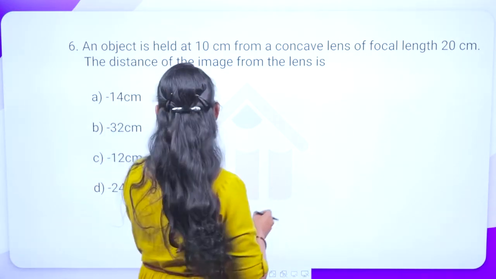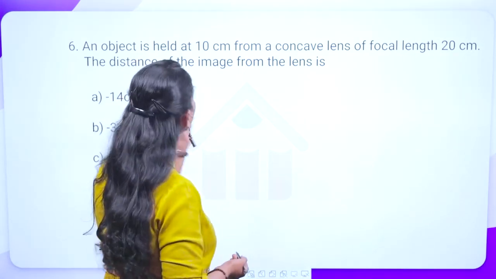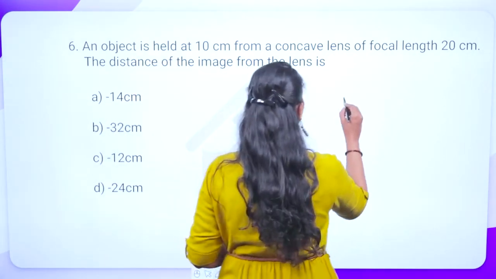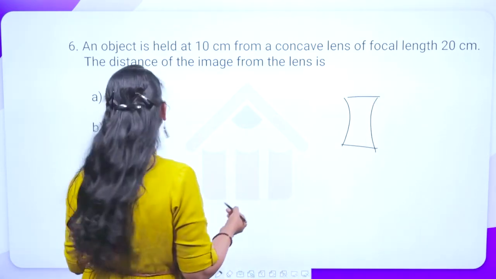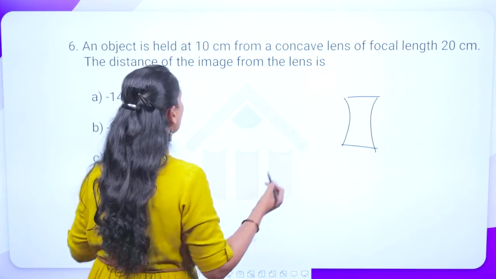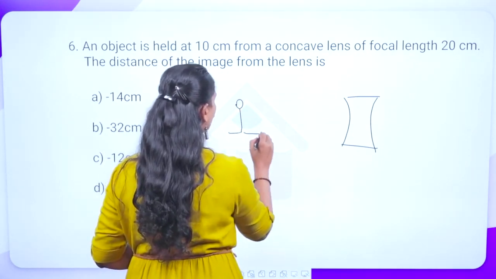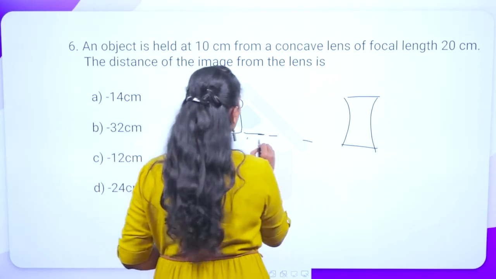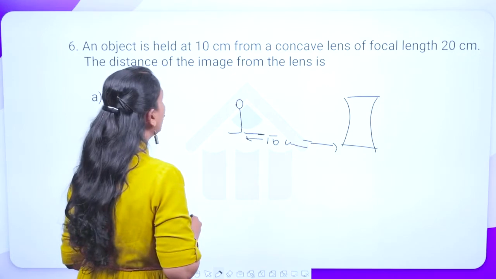If you are going for a pictorial representation, you have a concave lens here, just a rough diagram. An object is held 10 centimeter from the concave lens, so an object is here, and that is 10 centimeter from the lens.